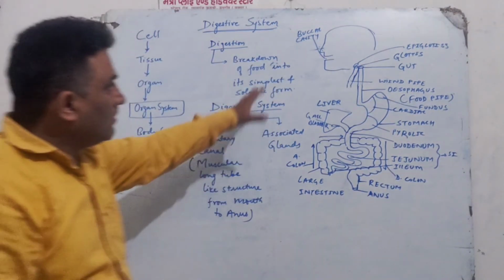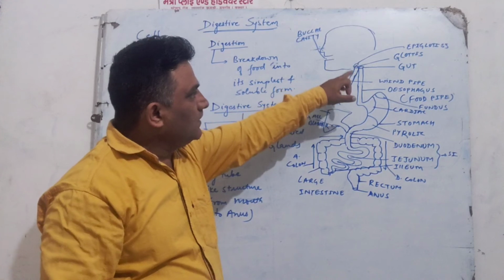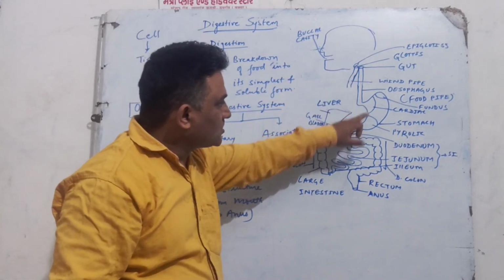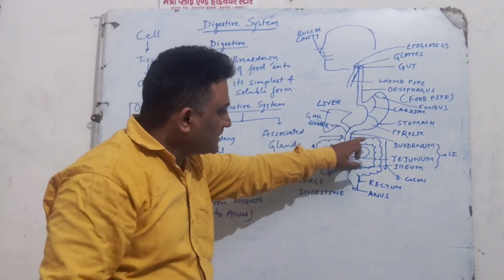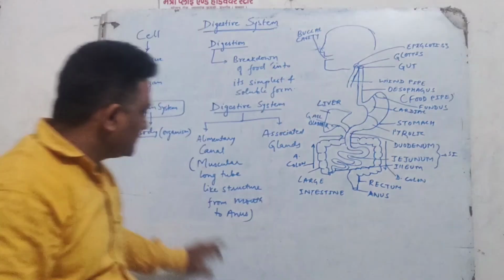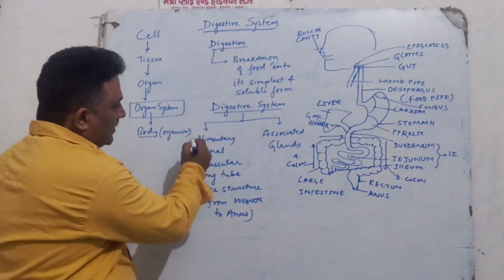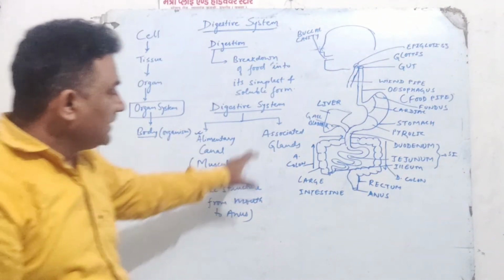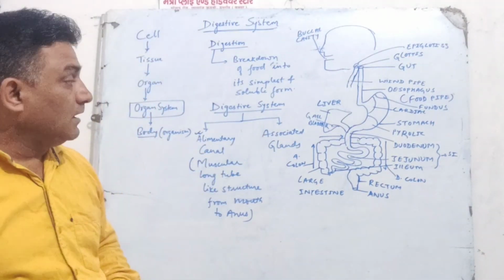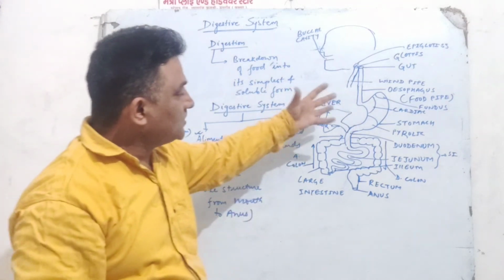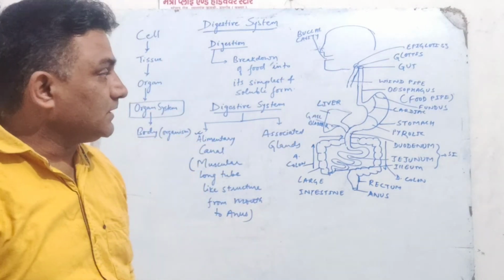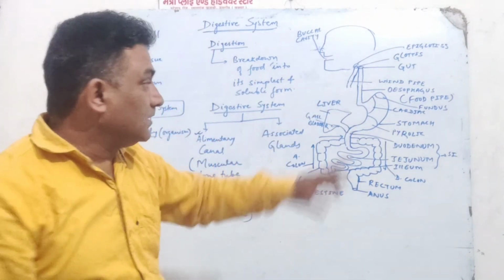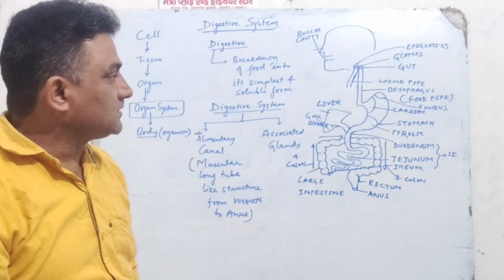So all these names, buccal cavity, esophagus, stomach, small intestine, large intestine, rectum, and anus, are part of the alimentary canal and associated glands. We have not mentioned any of the associated glands here, only one part, the liver, in this figure.